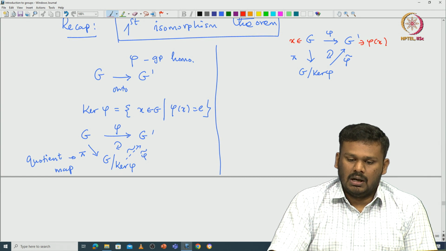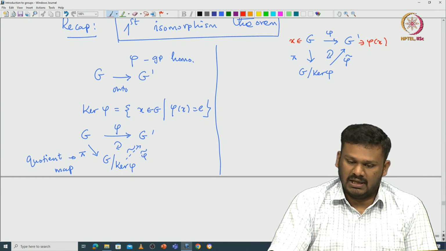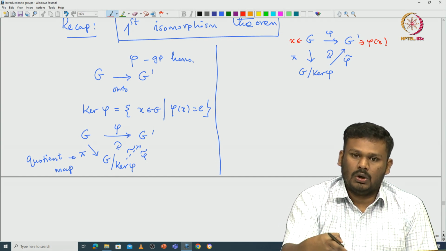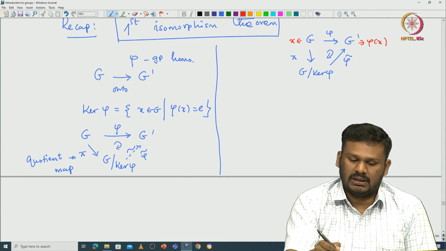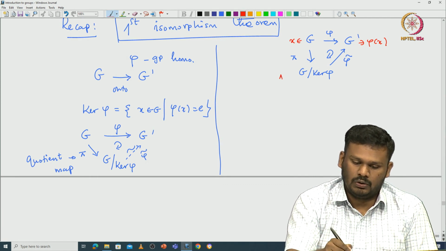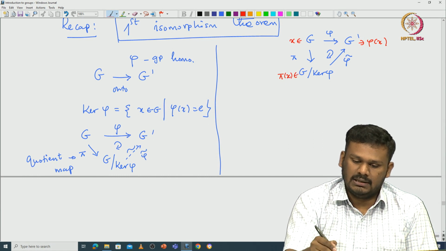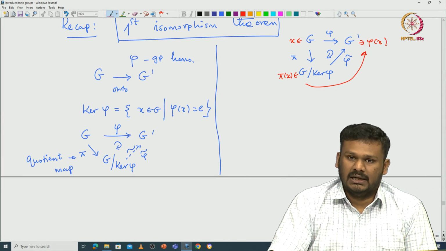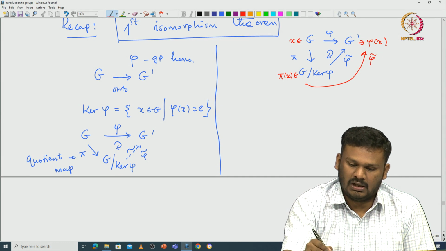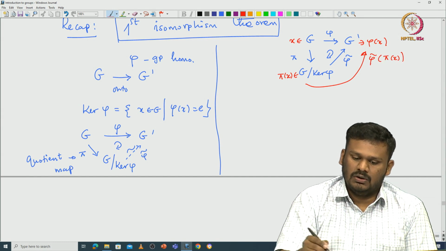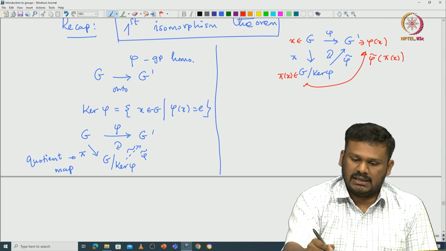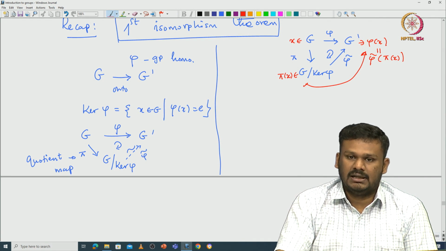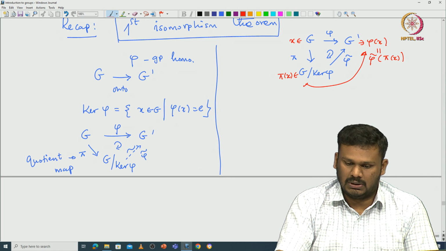You have another way to obtain this: you can go down from G to G modulo kernel phi, where you map to pi of x, and then this pi of x is mapped to some element under phi tilde, so there will be phi tilde of pi of x. We expect that that is the same as phi of x. That is the meaning of this diagram commuting. Basically phi tilde is the induced map from phi.